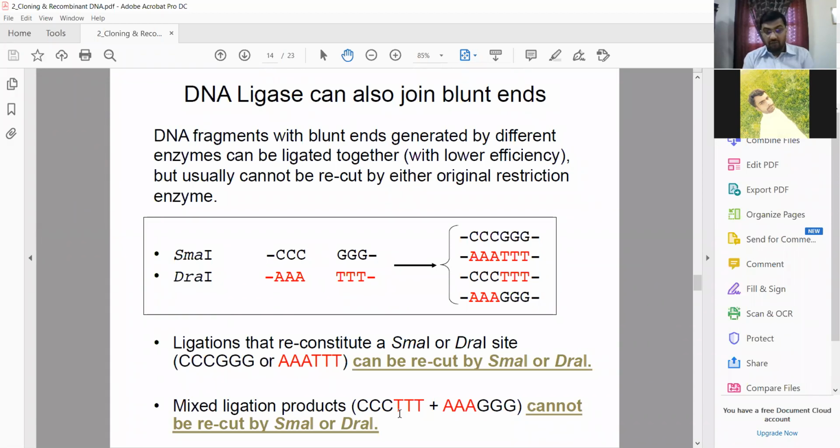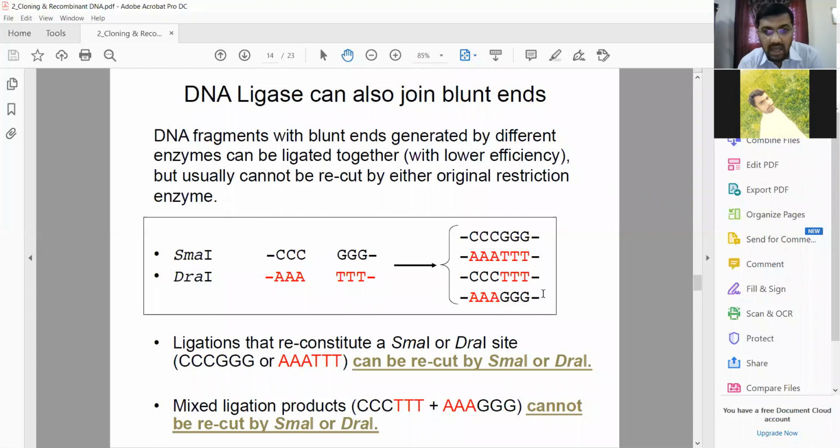And we have four possibilities once we join them. We could have the original sequences of these enzymes joined together, but certainly these would not be recombinants. Or we could have recombinants in the shape of CCC, CCC, CCT, or AAA, AAG.